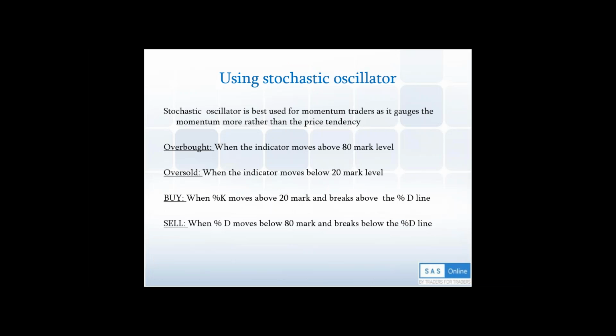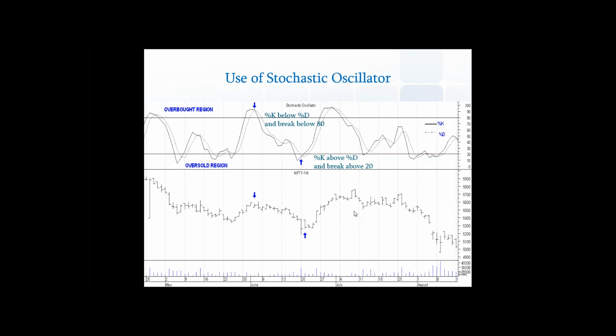This indicator is mainly used for short term or very short periods of trading. It moves again from 0 to 100, as it is a percentage indicator. Whenever the indicator moves above the 20 line mark, it gives a buy signal. Whenever it moves below the 80 line mark, it gives a sell signal. It's again a very clear and easy indicator to use.